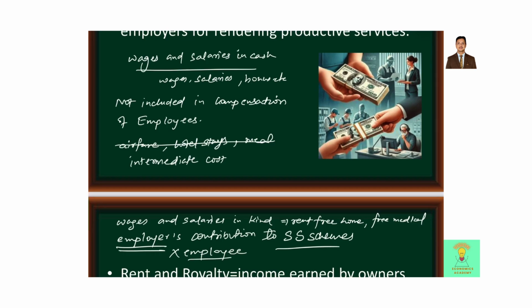So social security schemes like provident fund, gratuity, etc. The contribution made by the employer is included, but the contribution made by the employee from within his or her salary or income is not included. So we must note these points.